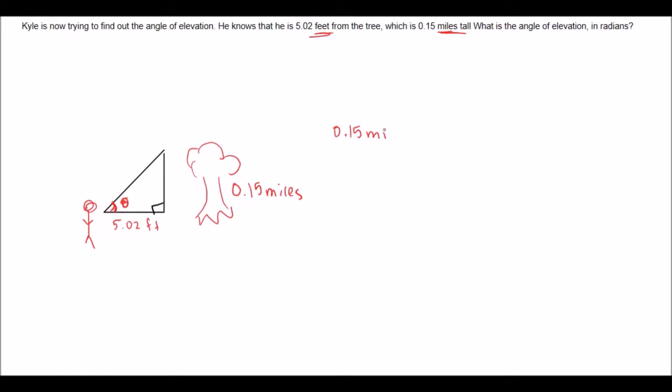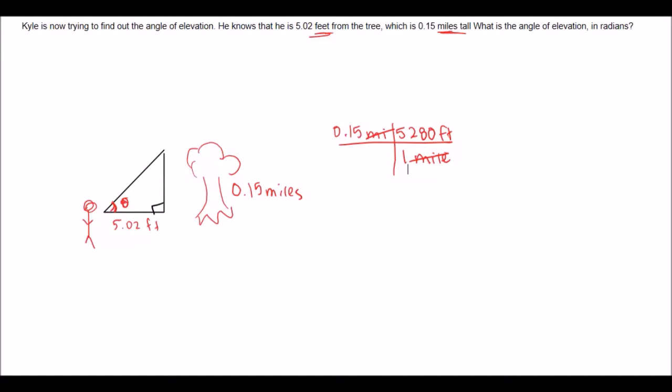So we're going to do 0.15 miles, and then 1 mile is equal to 5,280 feet. So here the miles cancel out, and as you remember, the things in the top get multiplied, and they get divided by this, but since it's 1, we're not going to do that, because anything divided by 1 is just the number itself.